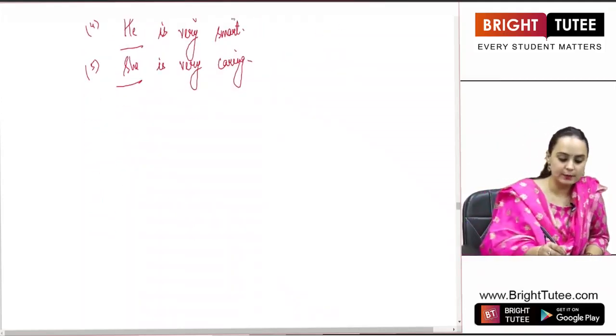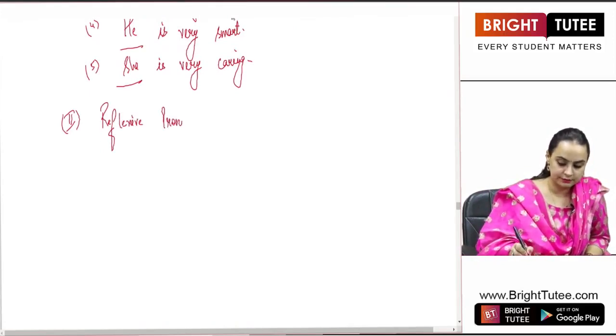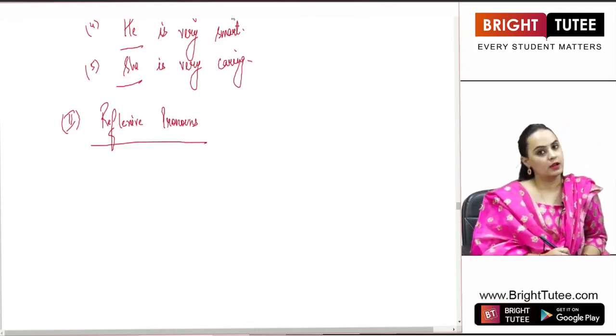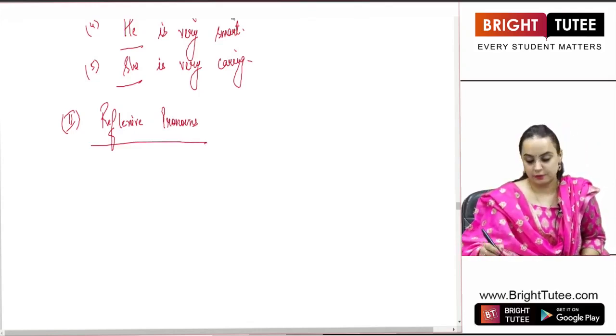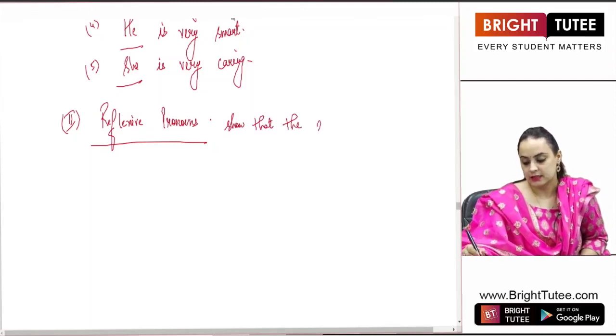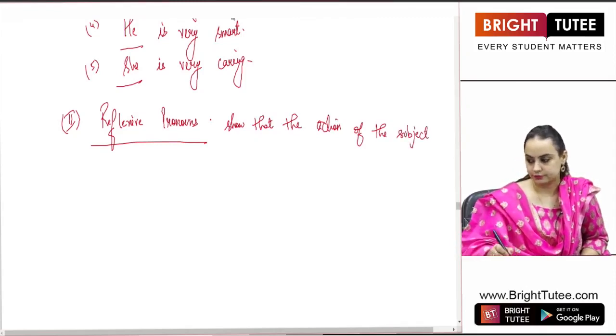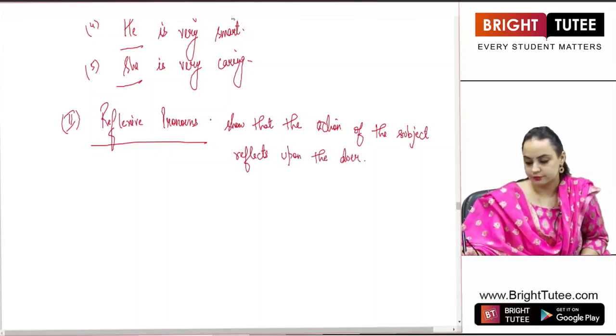Now the second type of pronouns that we are going to learn about are known as reflexive pronouns. Now what are reflexive pronouns? These are those words that show that the action of the subject reflects upon the doer.